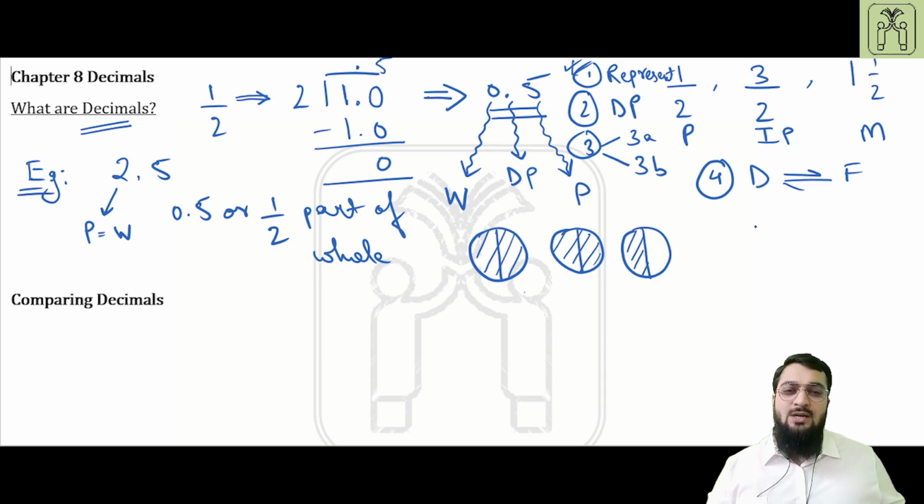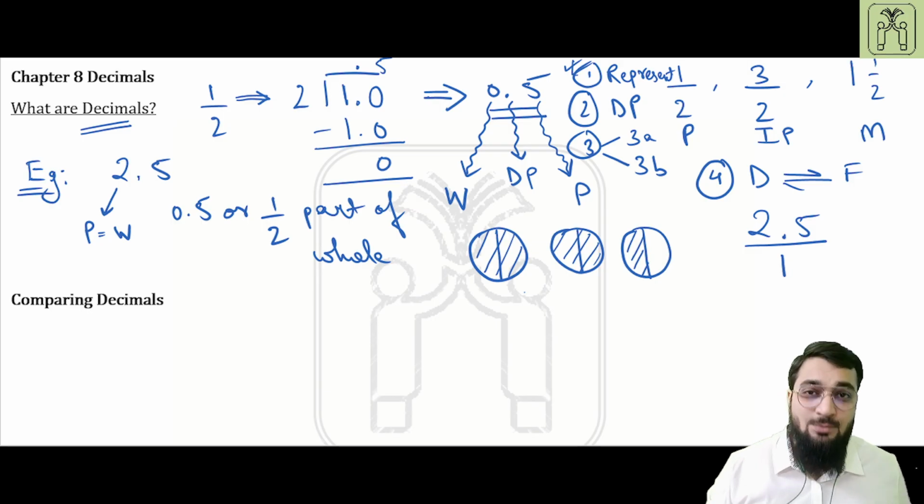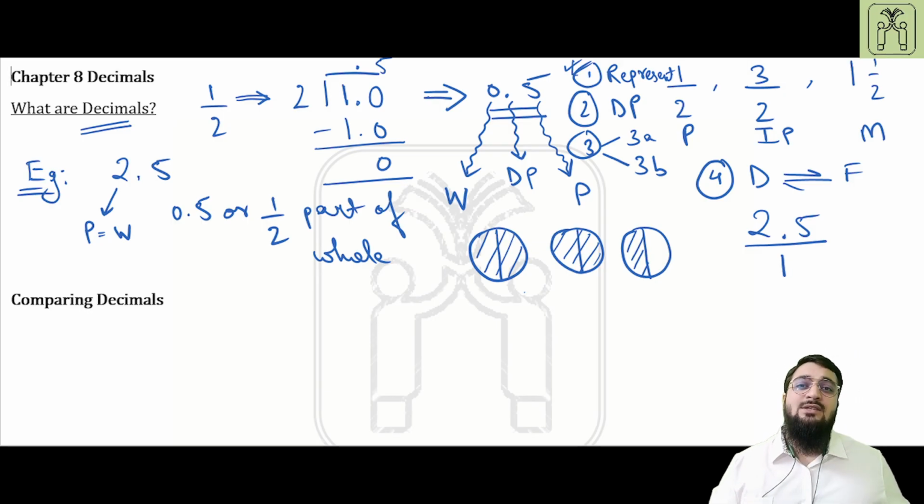You will just write whatever decimal is mentioned over here. So I will write 2.5. After that, what I will do, I will just write the denominator as 1, as you have studied in the previous chapter, that in case the denominator is not mentioned and only a number is mentioned as an integer, and since we are now studying decimals as a decimal, then the denominator by default is 1.